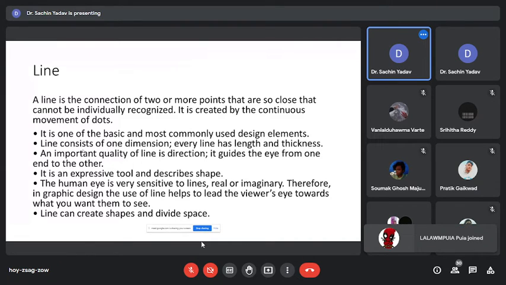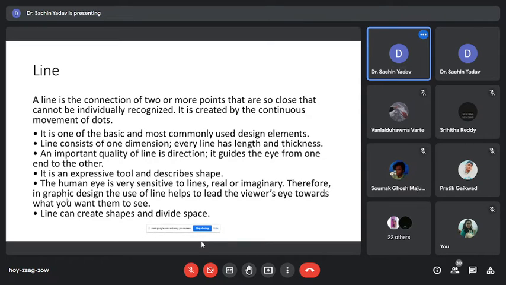The human eye is very sensitive to lines, real or imaginary. Therefore, in graphic design, the use of line helps to lead the viewer's eye towards what you want them to see. Line can create shapes and divide spaces, right? So if we are drawing one single line in the center of the paper, right? So the whole paper divides into two different shapes, right?